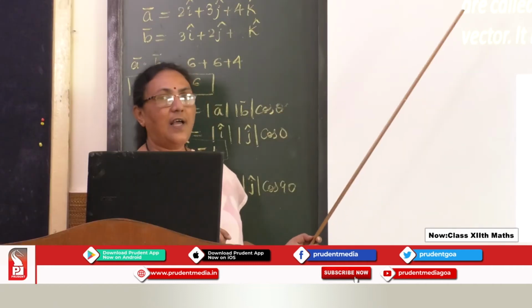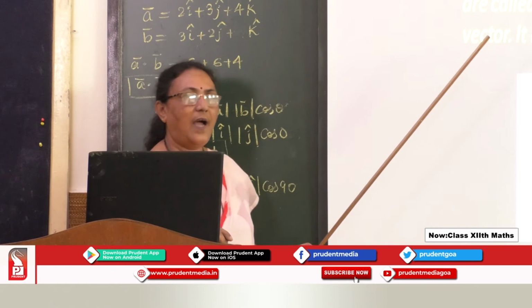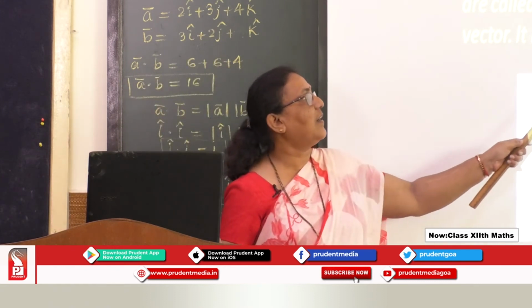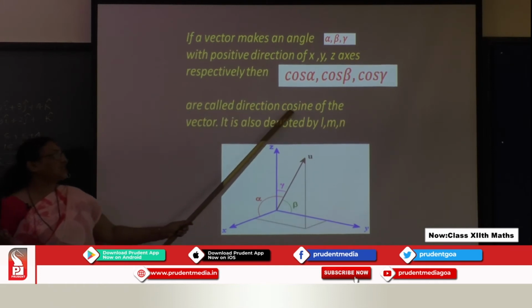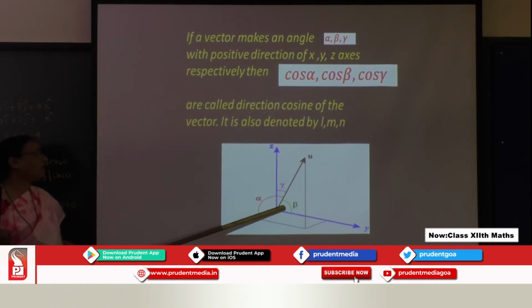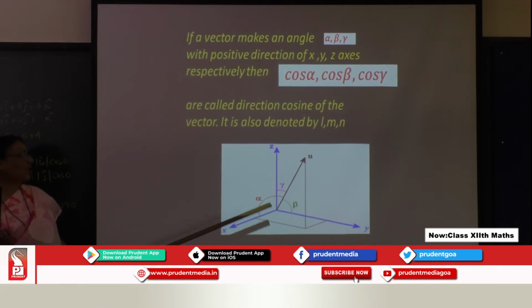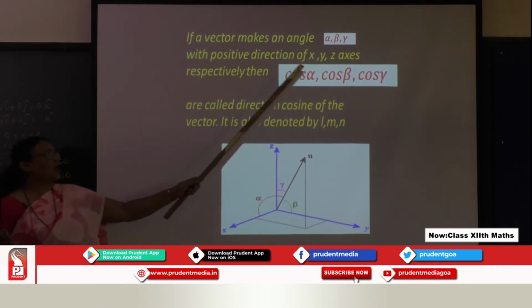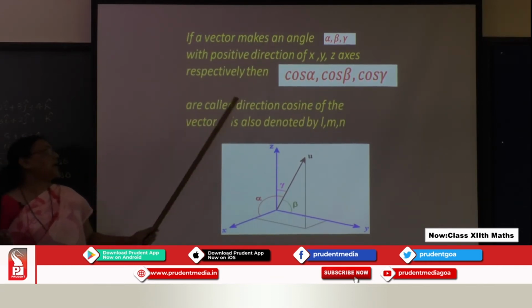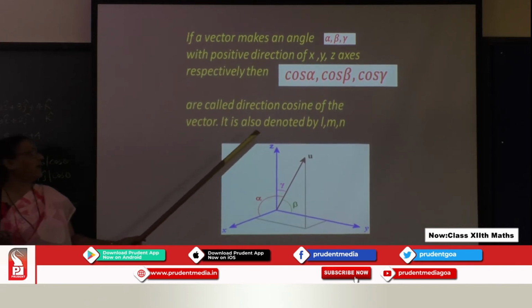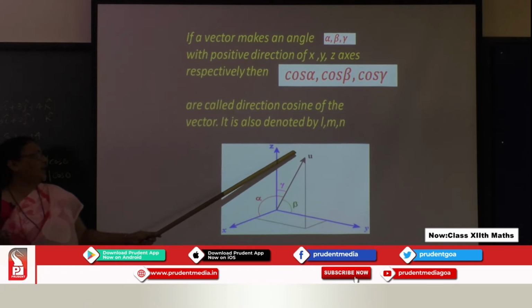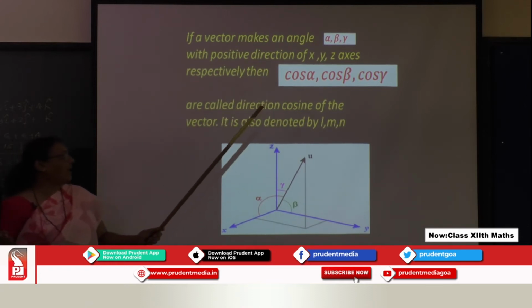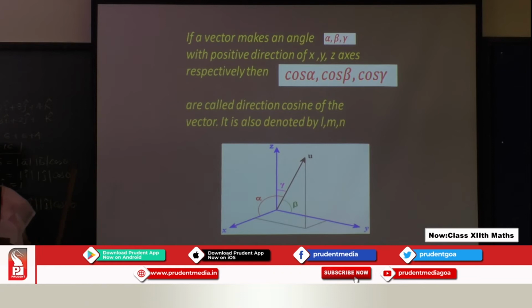Then cos alpha, cos beta and cos gamma are called direction cosines of this vector. Is this clear to you all? So direction cosines are also denoted by L, M and N.